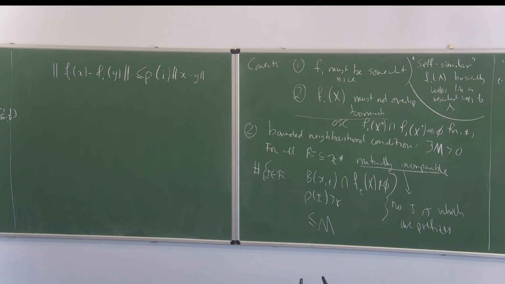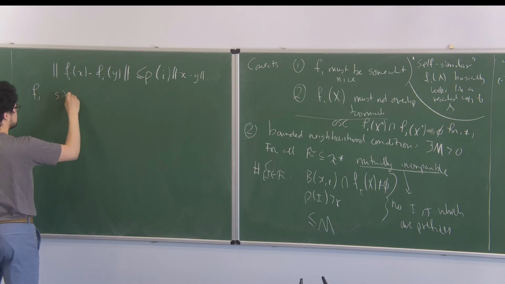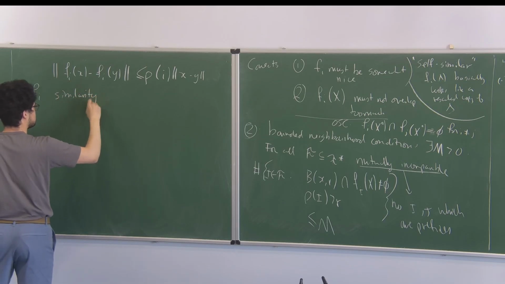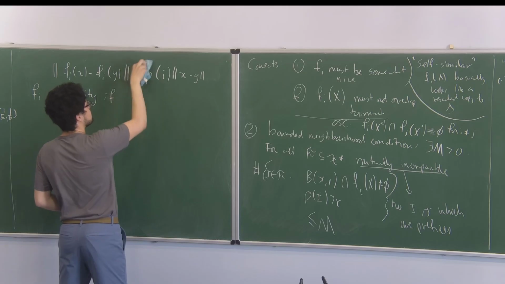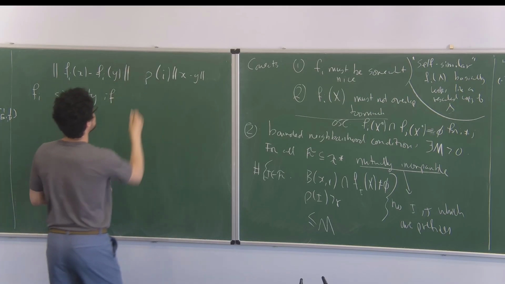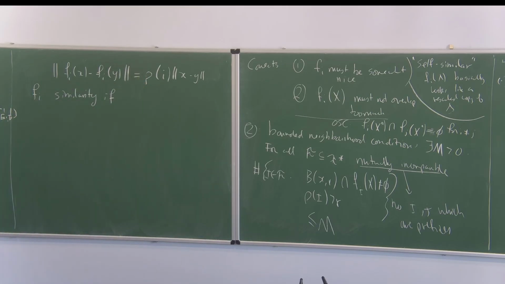And we say that f sub I is a similarity map if this inequality holds with an exact equality. In other words, we contract exactly by this quantity rho of I.